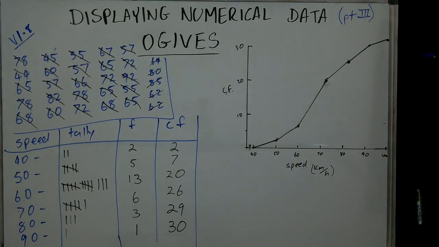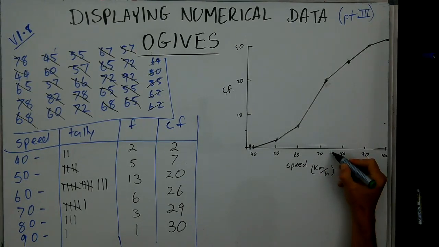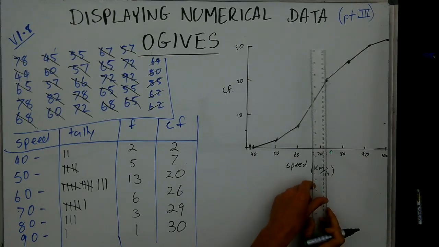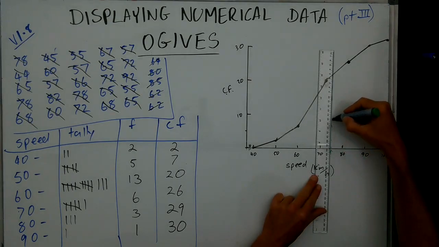Part C, how many of the vehicles were travelling at a speed less than 75 kilometres per hour? So, here's our scale. 75 is halfway between 70 and 80. Just put in the dotted line.